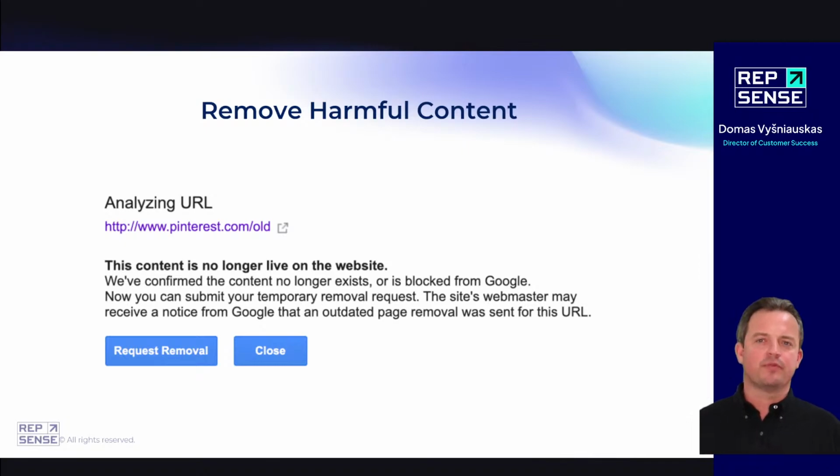So if necessary, seek professional help, and Repsense can be the company that can help you remove content that shouldn't be there, especially if it's defamatory or violates the terms of service of platforms like Pinterest, for example. This is one of the results.